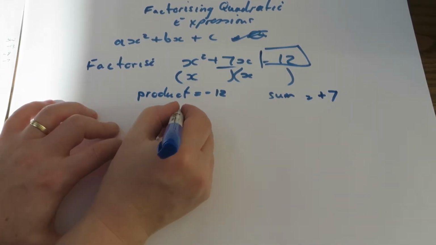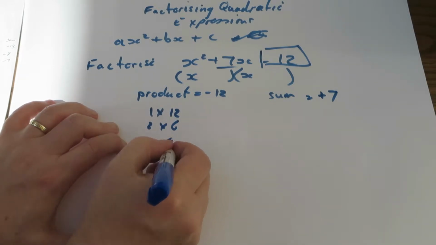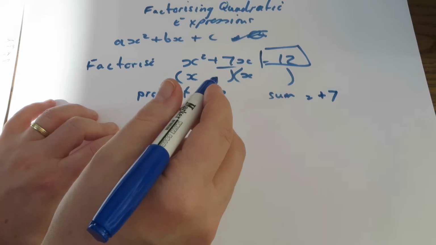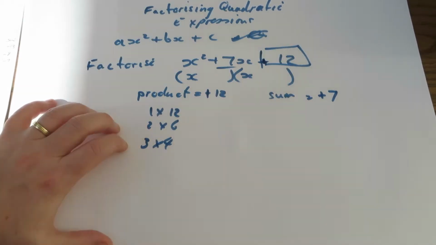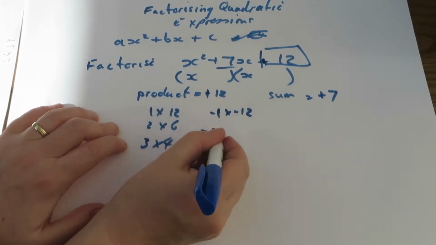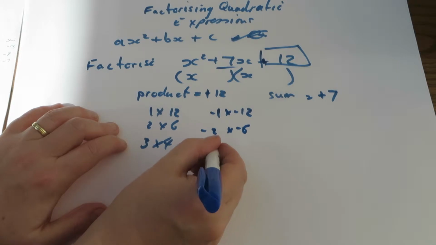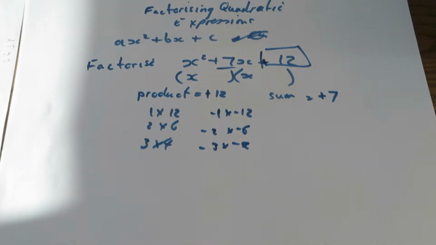So we could do 1 times 12, 2 times 6, 3 times 4. Oh, sorry, I apologise. And we could also have minus 1 times minus 12, minus 2 times minus 6, minus 3 times minus 4. They all give us a product of 12.